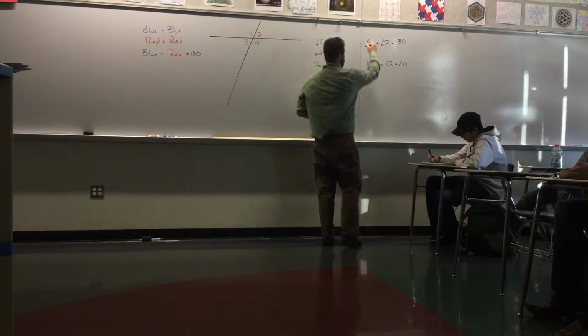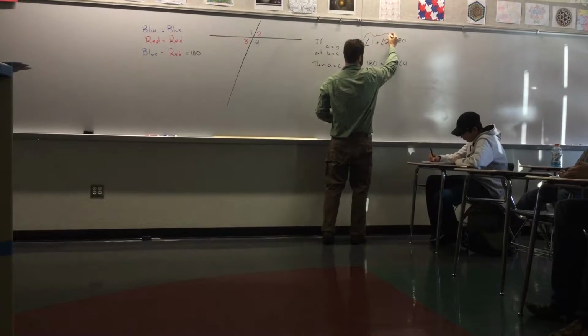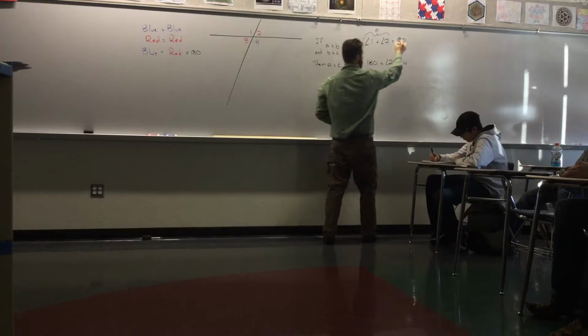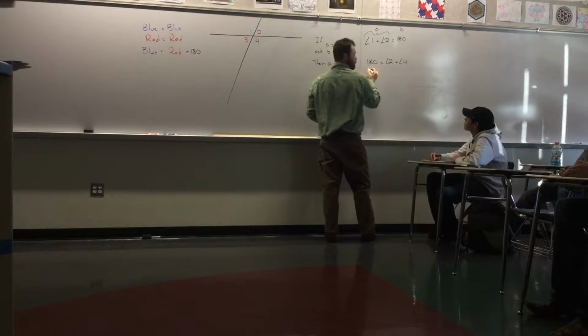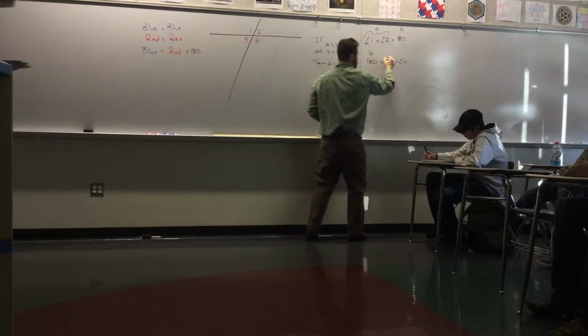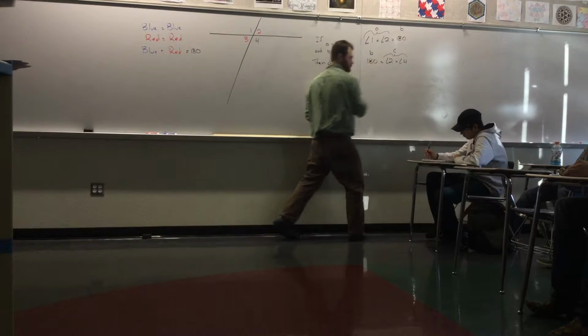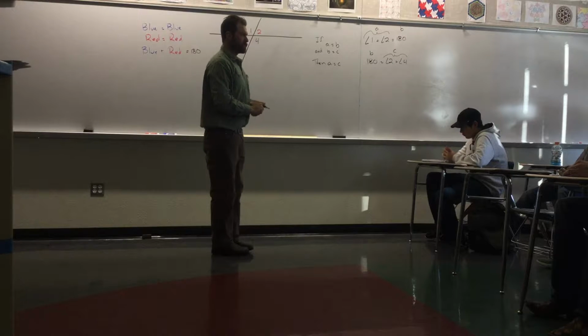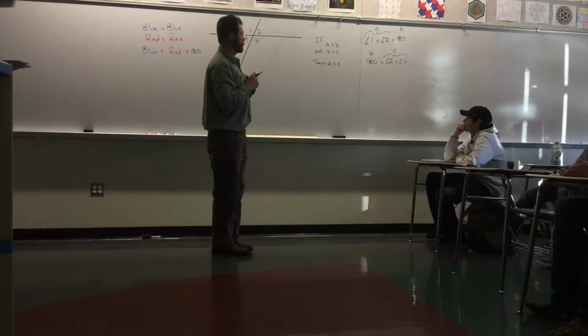Okay, so like this, let's say that's my A, right? And this is my B. This again is a B, right? This is my C. You see that? So how do I rewrite this thing?